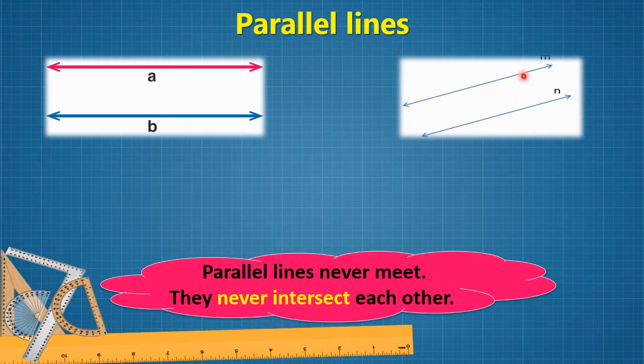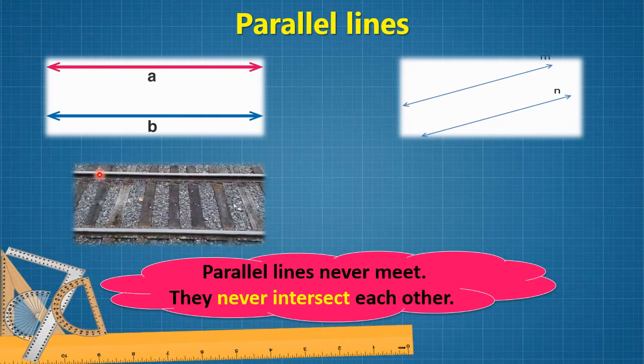You will find many examples of parallel lines around you. Here is one example, very familiar example. A pair of rails on a railway track is a very good example of parallel lines.